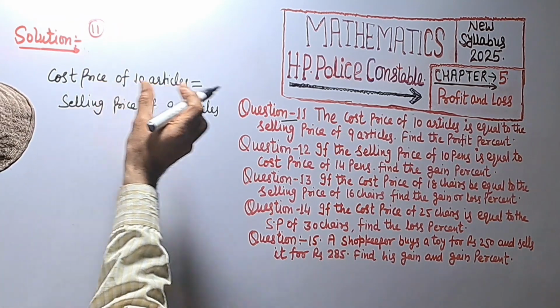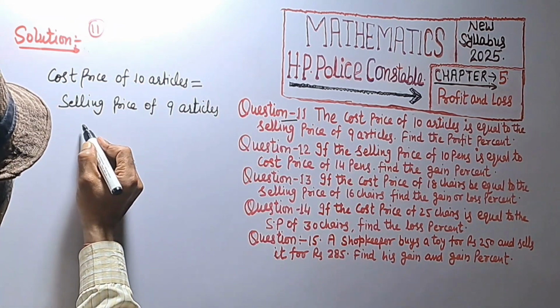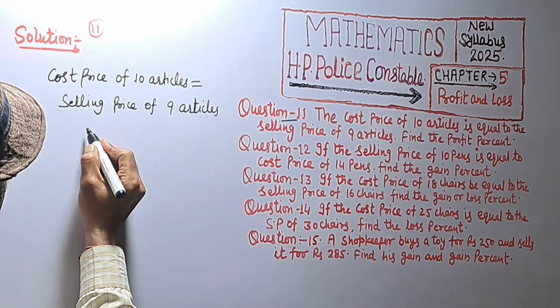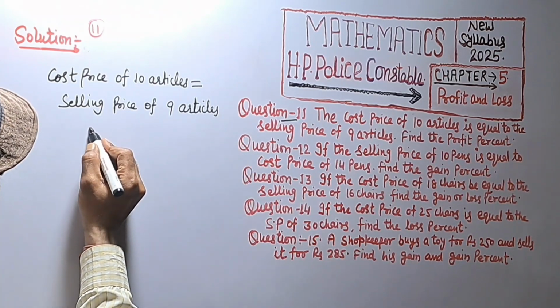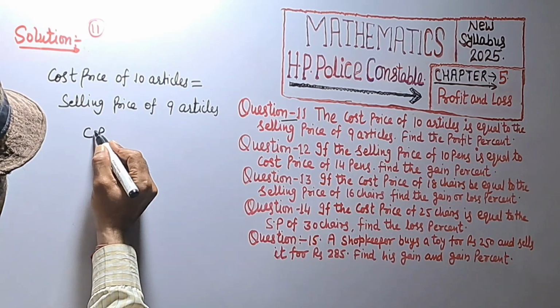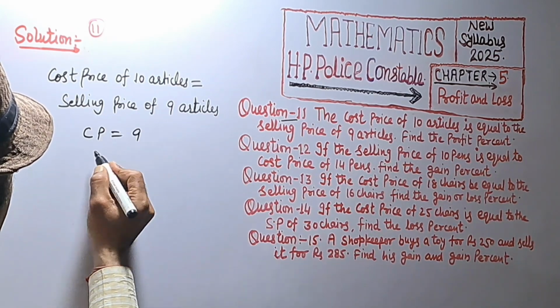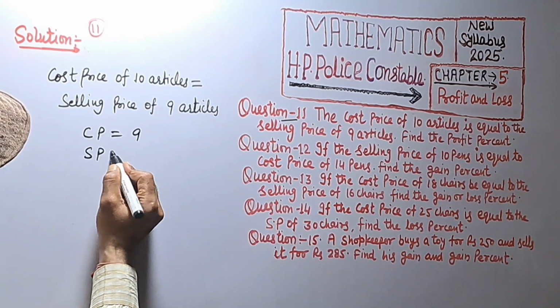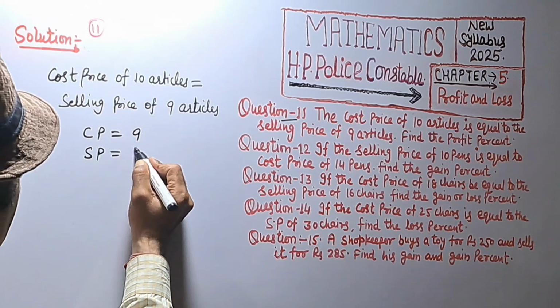So cost price will be selling price and cost price is equal to 9 and selling price equal to 10.